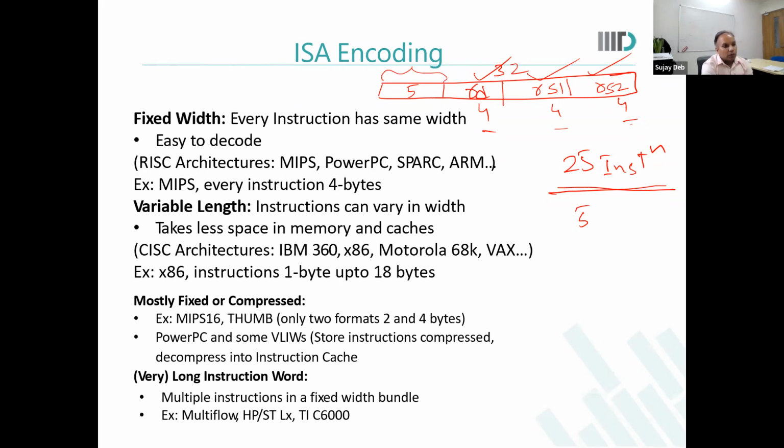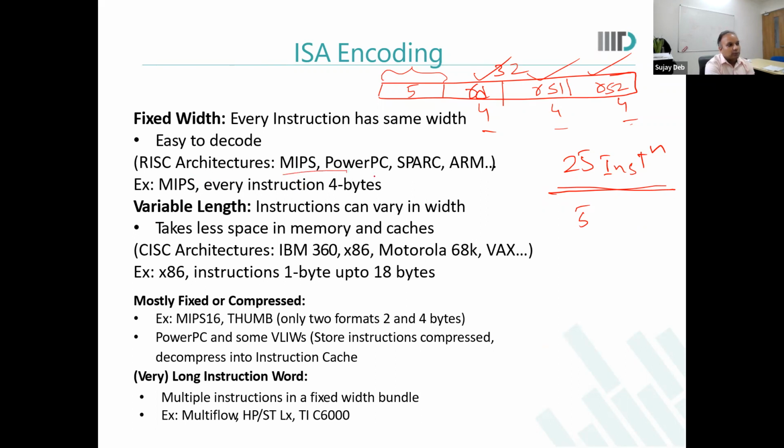That will tell me what instruction it is, and accordingly I'll generate appropriate control signals. I'll know where my operands are coming from, whether it's the 2 source registers which I need to read, and so on.